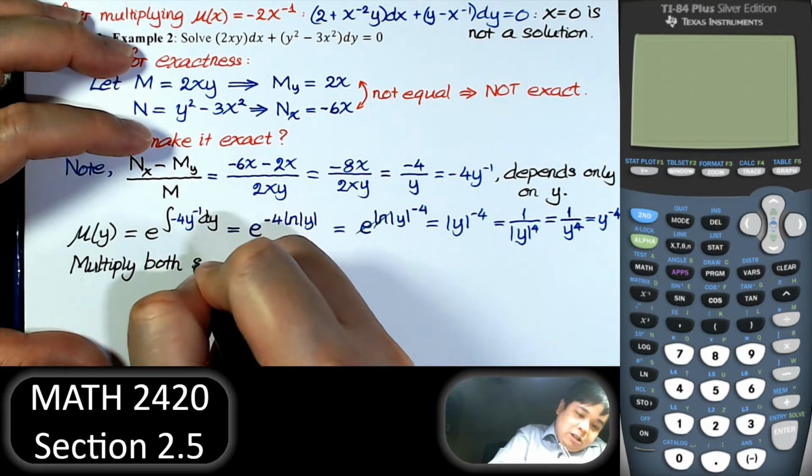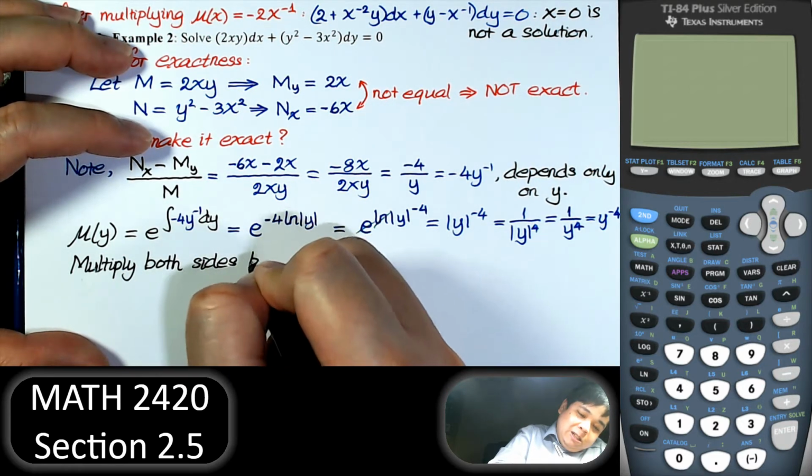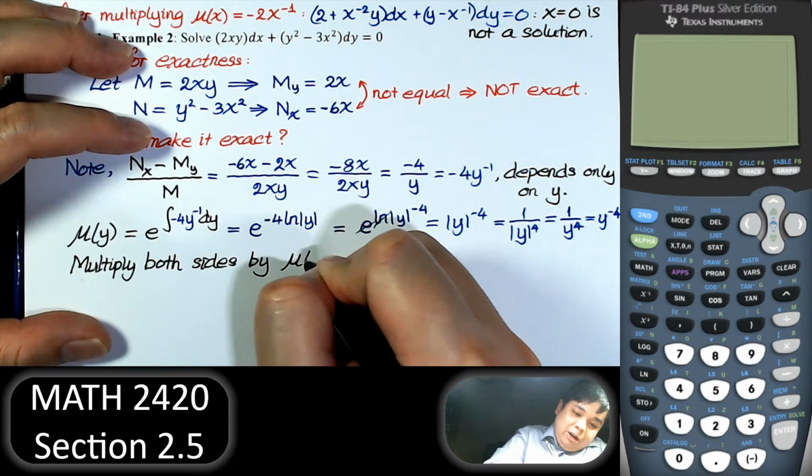Right, multiply both sides by the integrating factor.